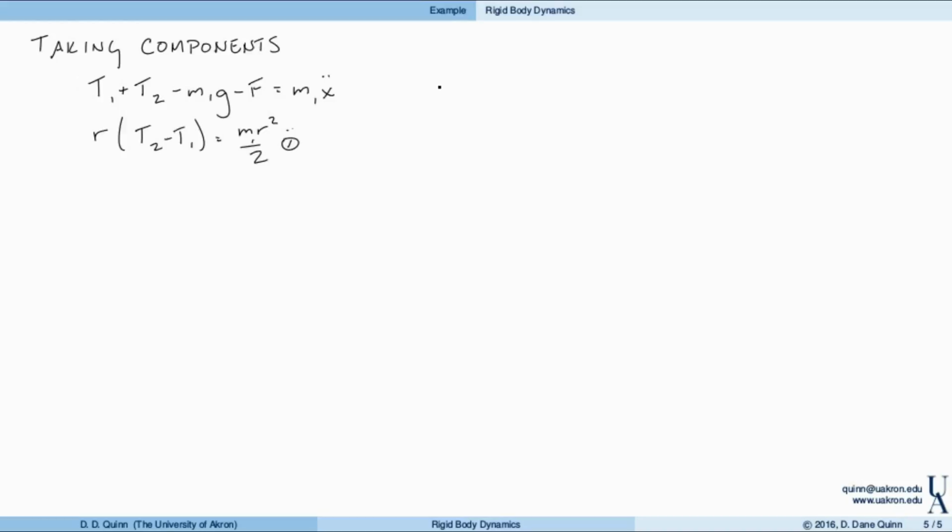For pulley 2, we can write T2 minus T3 minus M1 G equals 0. So this was linear momentum balance in the j direction. And R times (T2 minus T3) equals M1 R squared over 2 phi double dot.